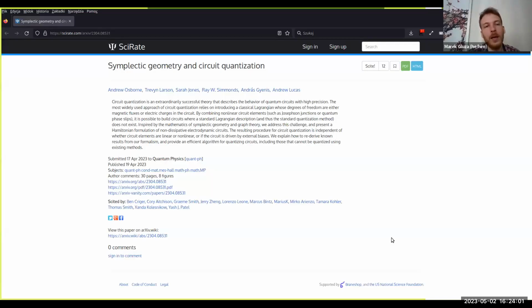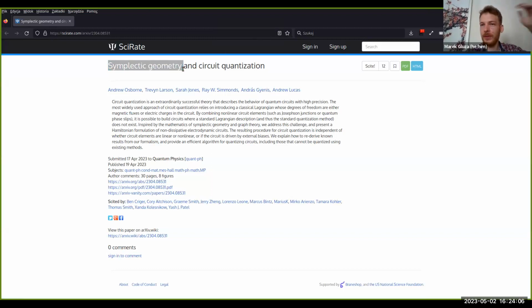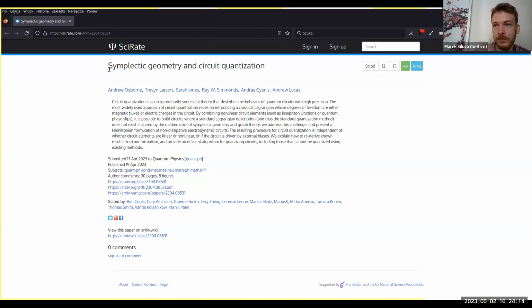Yeah, okay, so that's a nice paper that I was maybe omitting. Symplectic geometry is not something that we enter so much in those tutorials, but we did a little bit of an outlook towards maybe going a bit more geometrical. The arXiv link for what Nick is saying you have here. And this circuit quantization is actually very interesting for this whole business.